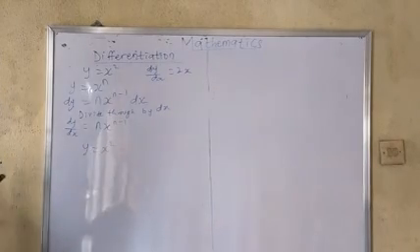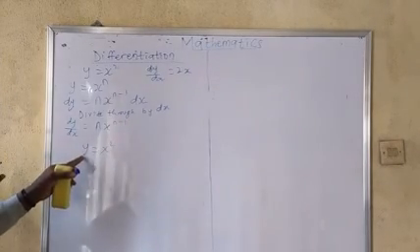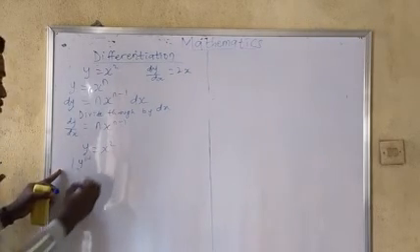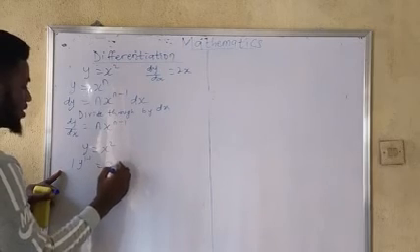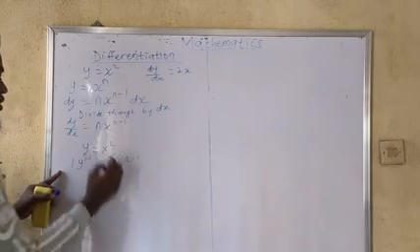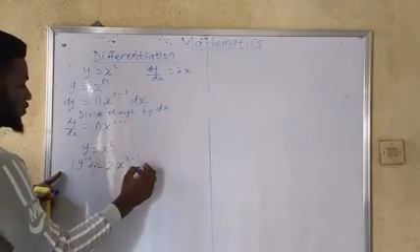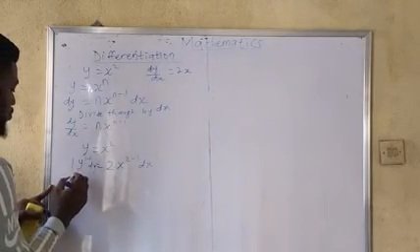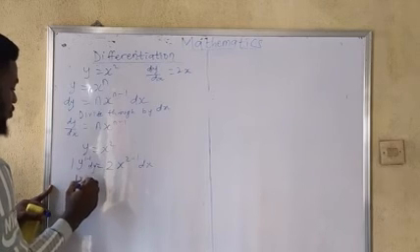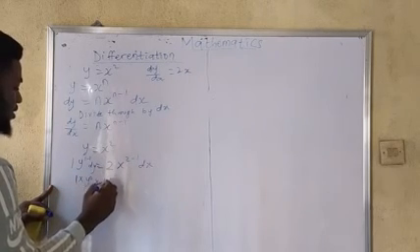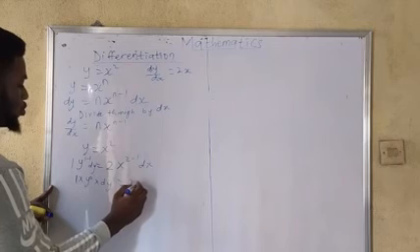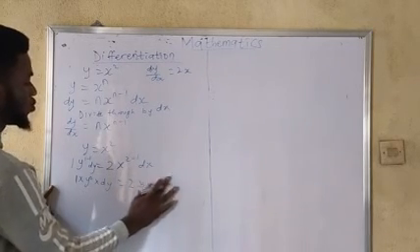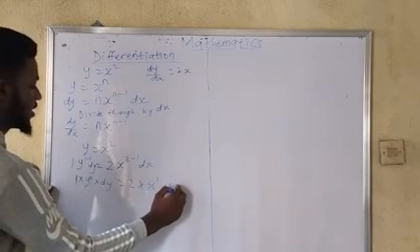So let's apply it. If you differentiate y, you have 1 coming down, and you have 1 minus 1. Then here 2 will come down, and you have x to the power 2 minus 1. And here don't forget to put your dy, don't forget to put your dx. So you're going to have 1 times y to the power of 0 times dy, and here 2 times x to the power of 2 minus 1, which eventually is 1, so just put 1 times dx.